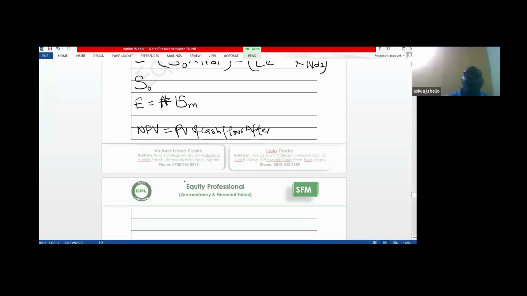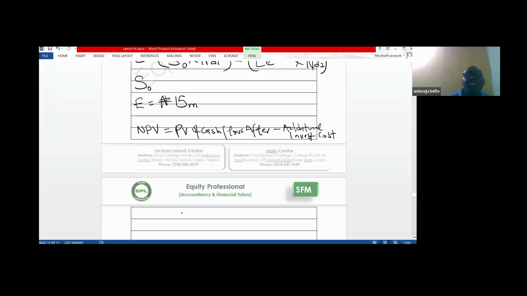Examiner says NPV after expansion is 0. Present value of cash flow after expansion, I don't know yet. Minus cost of expansion, 15 million.